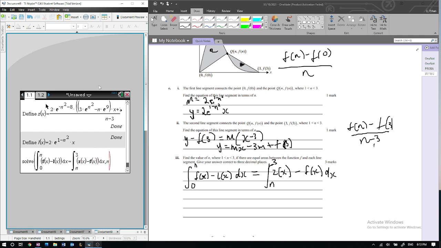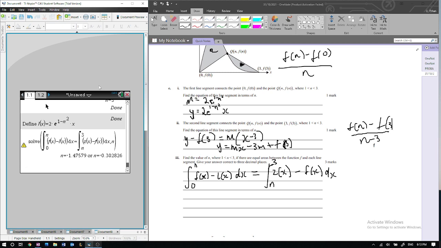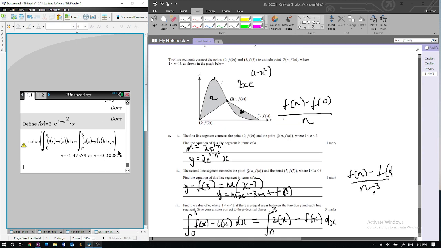And remember, you're solving for n. Here you go. Wait, why are they negative? Okay, something's gone wrong again.